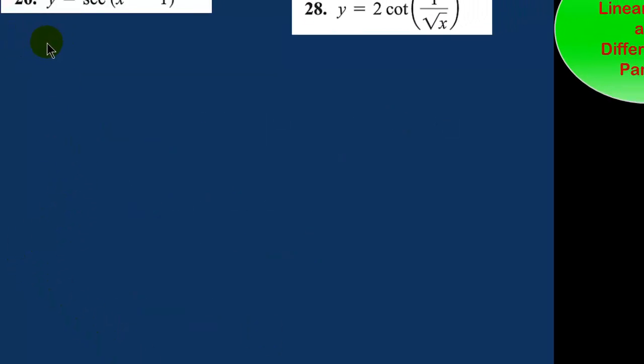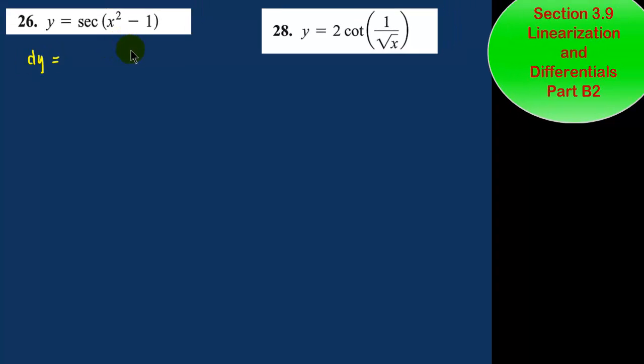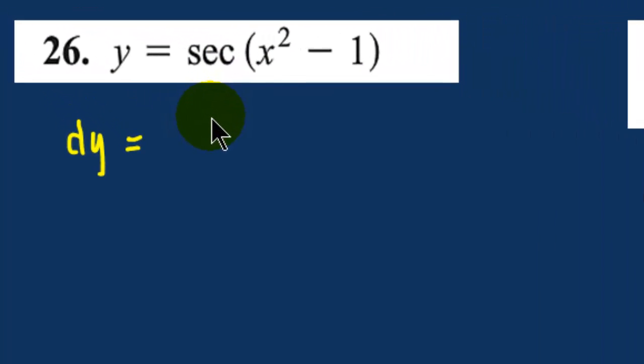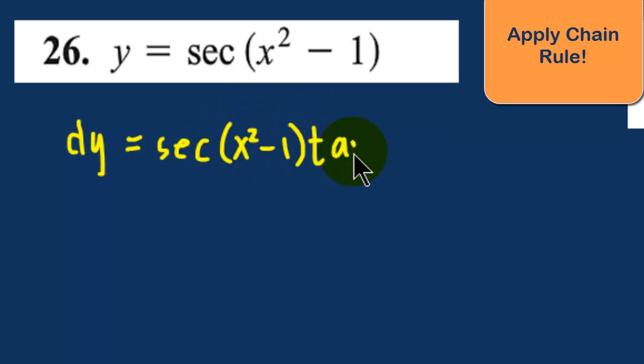We have to find dy, differentiate the right hand side, and multiply by dx. So what is the derivative of secant? It's secant times tangent of whatever the argument is. So let's multiply secant of x squared minus 1 times tangent of x squared minus 1.